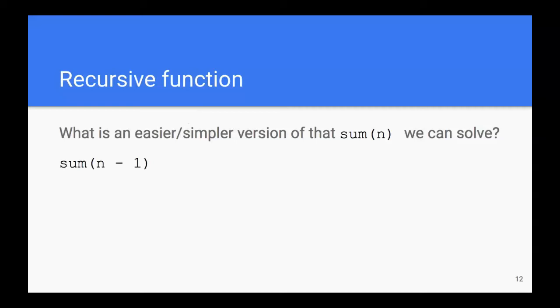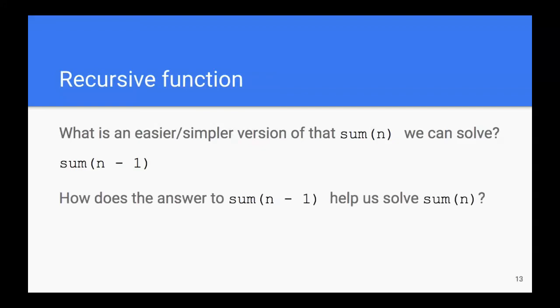A simpler version of sum of n would be, let's make n a little smaller, right? Let's try to solve the problem of sum of n minus 1. So sum of n minus 1 is a simpler version of sum of n, right? So that's the second question. That's kind of the recursive case, okay?